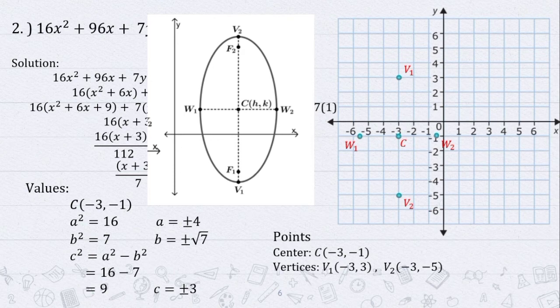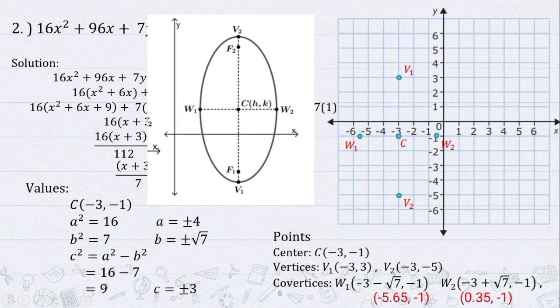Therefore, we have to count 2.65 units from the center going to the left and to the right. So our first co-vertex here has coordinates -3 minus square root of 7, which is approximately (-5.65, -1). And our next co-vertex is -3 plus square root of 7, which is approximately (0.35, -1).